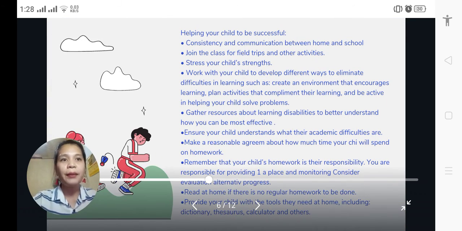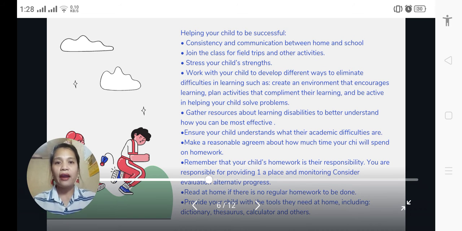So in helping your child to be successful, there are other reminders. First, consistency and communication between home and school. That is what I was talking about earlier, that teachers and parents should communicate or have meetings to monitor the progress of the child. Next, join the class for field trips and other activities.